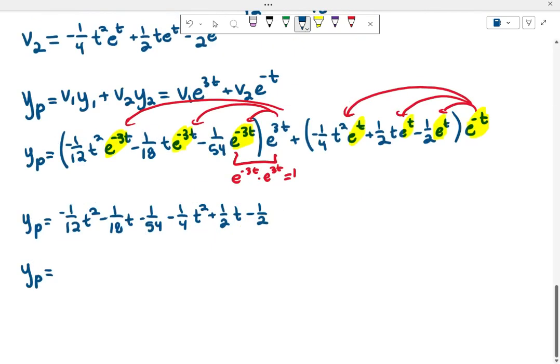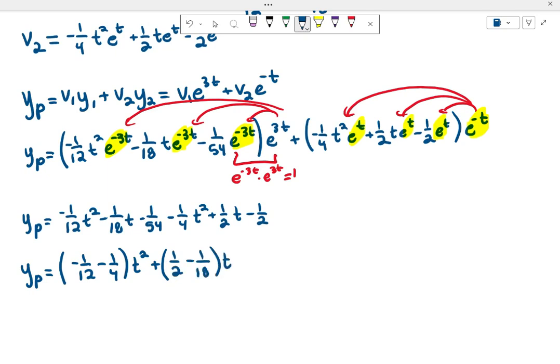So yp equals open parentheses negative 1/12 minus 1/4 close parentheses t squared plus open parentheses 1/2 minus 1/18 close parentheses t minus 1/2 minus 1/54, which simplifies to yp equals negative 1/3 t squared plus 4/9 t minus 14/27.